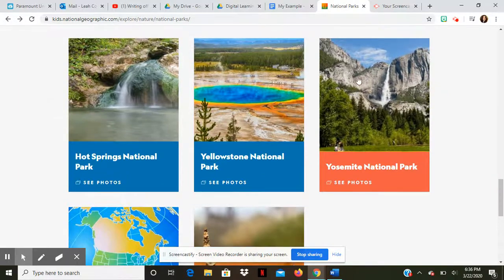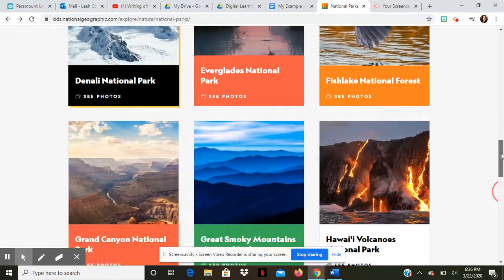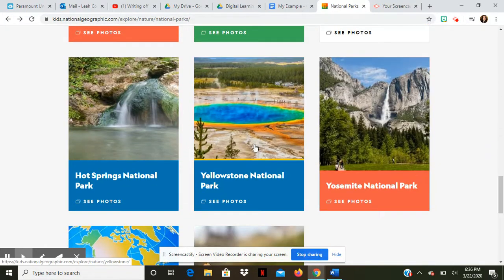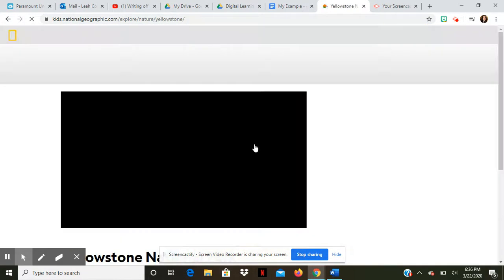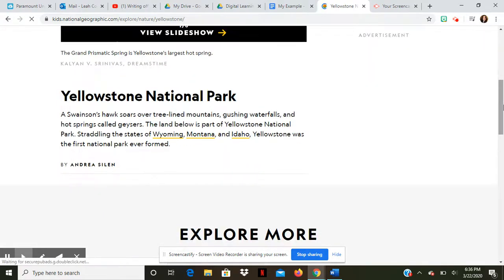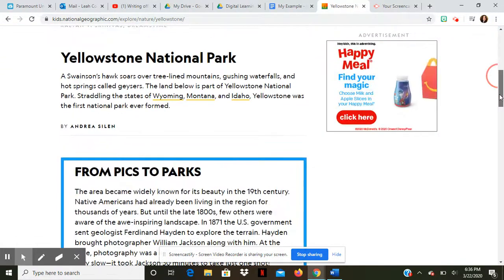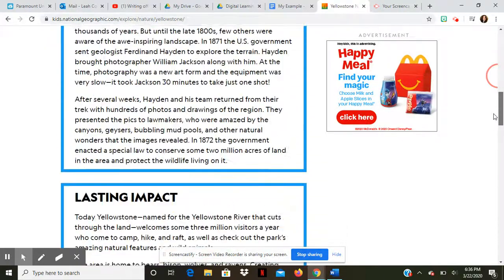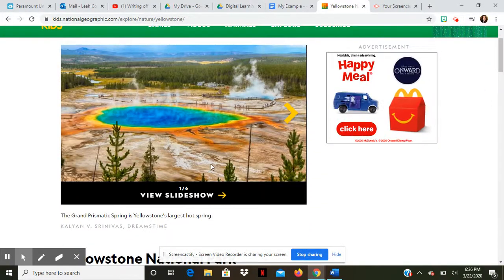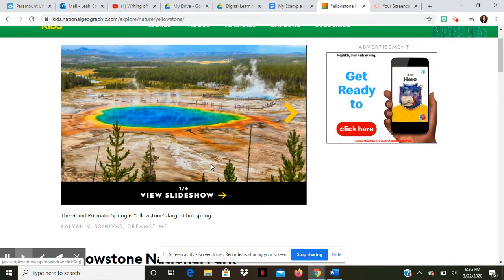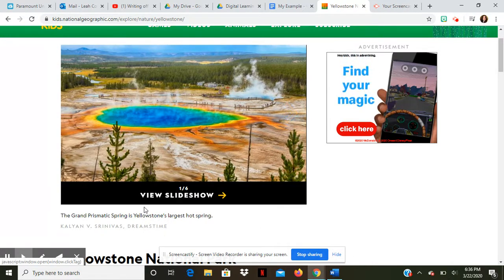I know a lot of you chose Yosemite, and some of you even chose Hawaii Volcanoes National Park. But I remember you guys got really excited about this one. So remember, we started browsing through the text, browsing through the pictures to find what kind of discoveries we would make at any of these national parks.